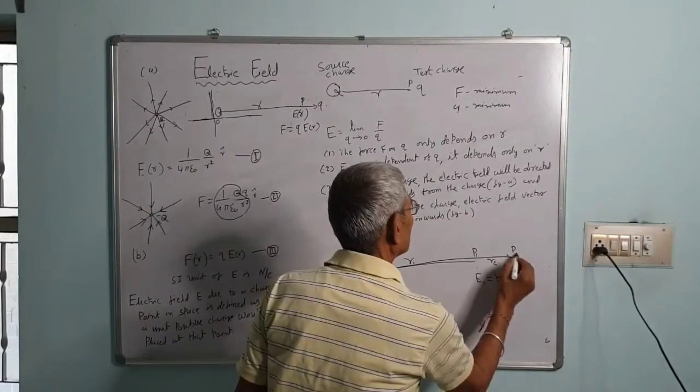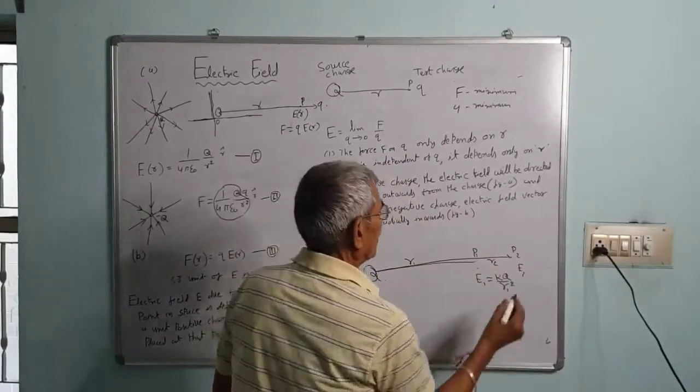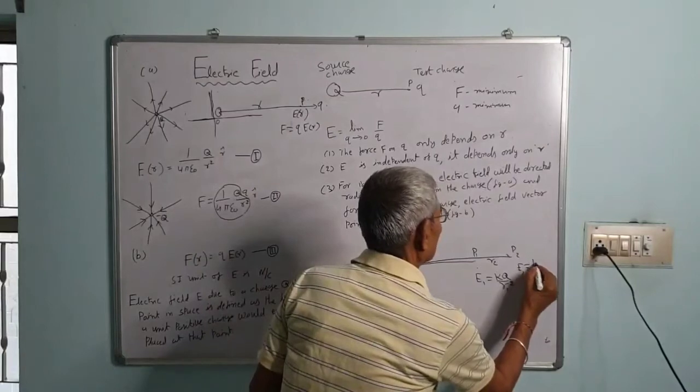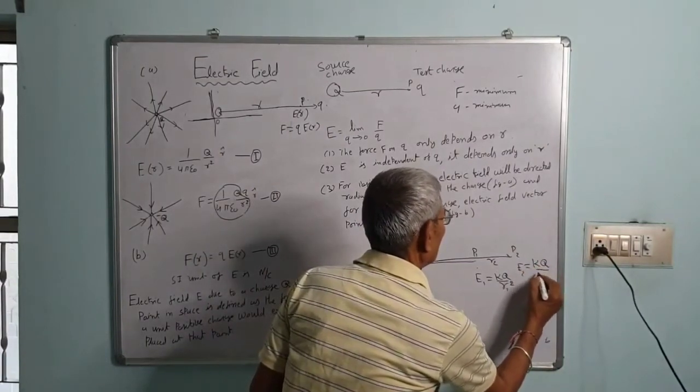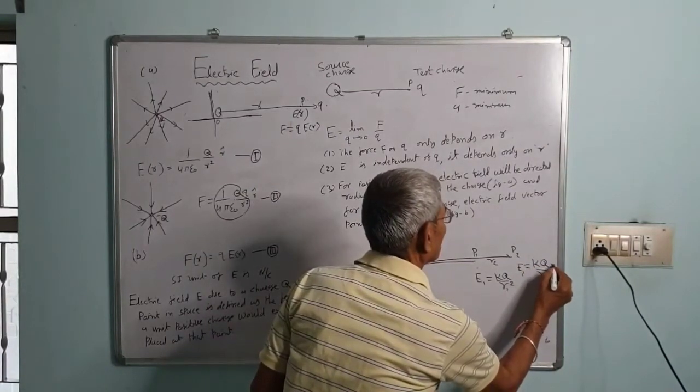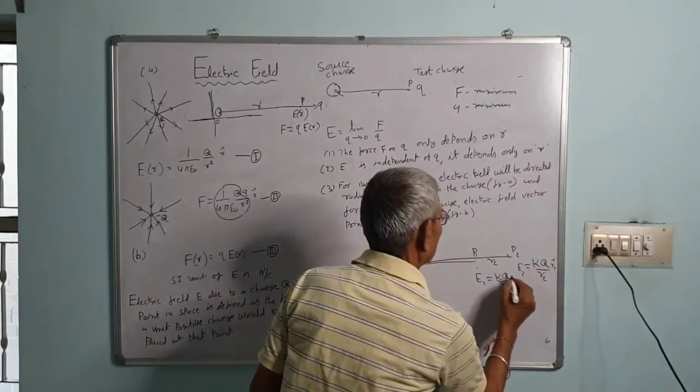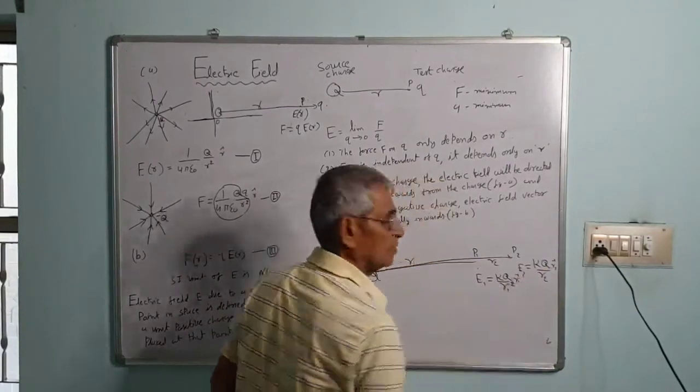This is P1 and P2, call it, is equal to KQ upon R2. You can put unit vector R2, unit vector R1.